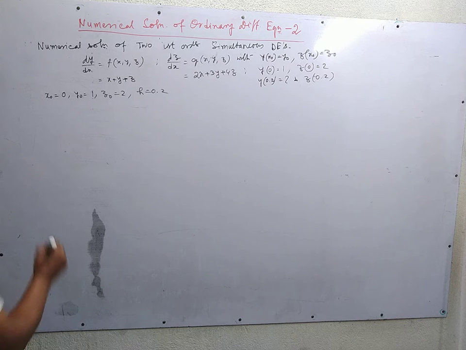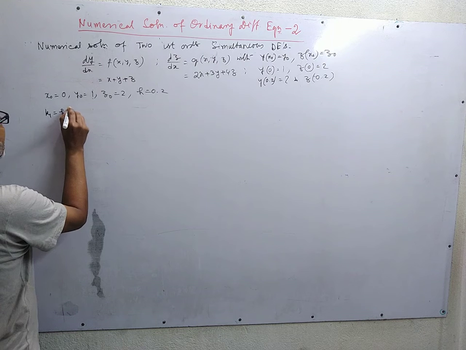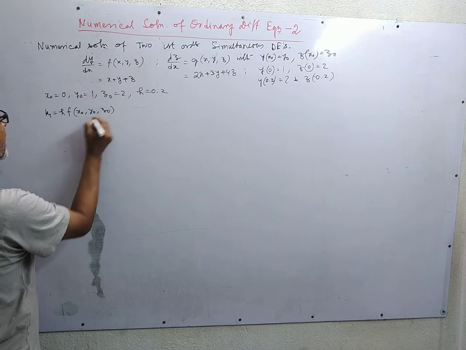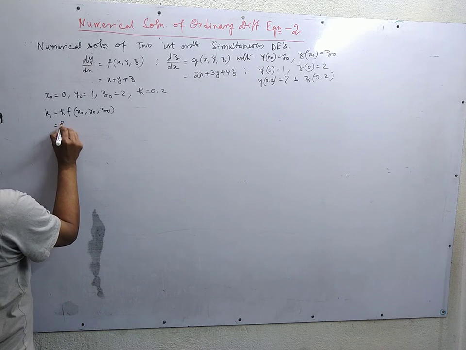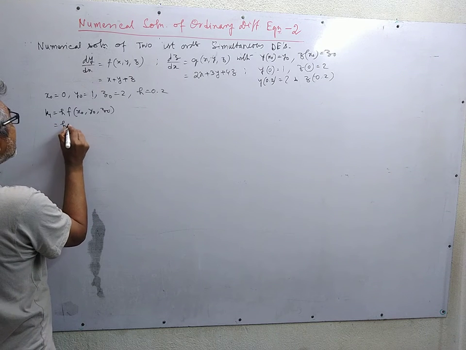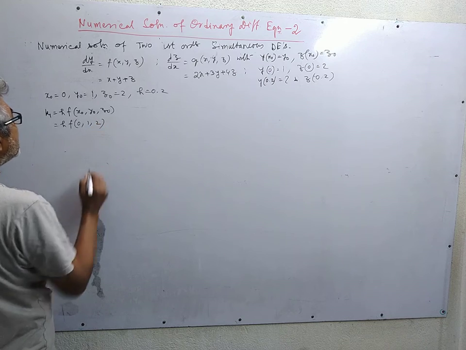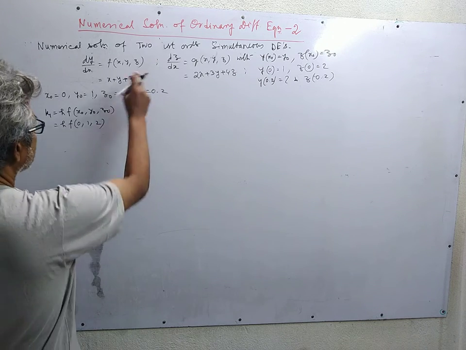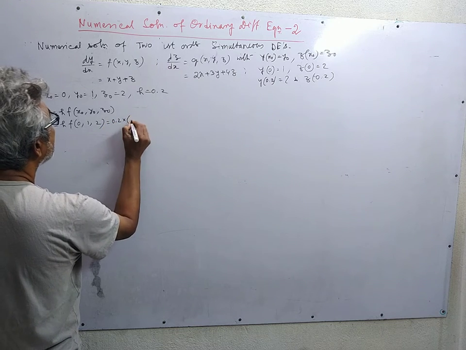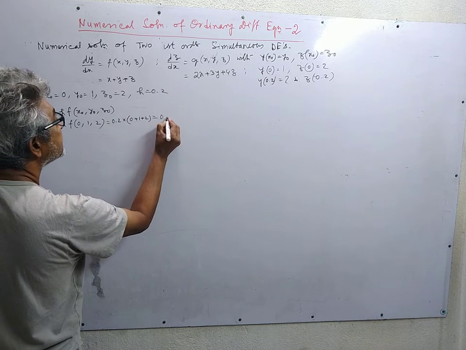So first let me calculate k1. So this is h, f of 0, 1, 2. You know the function is x plus y plus z. So this is 0.2 multiplied by 0 plus 1 plus 2. So this is 0.6.